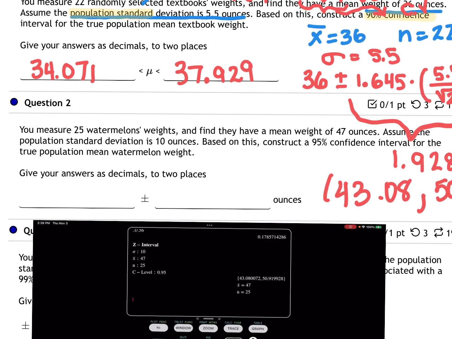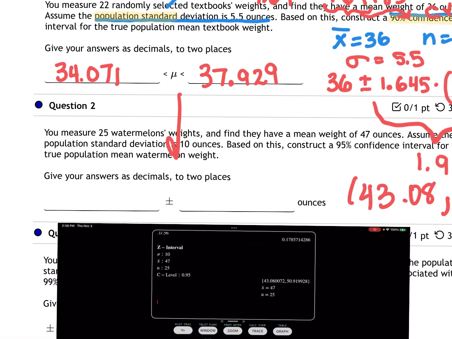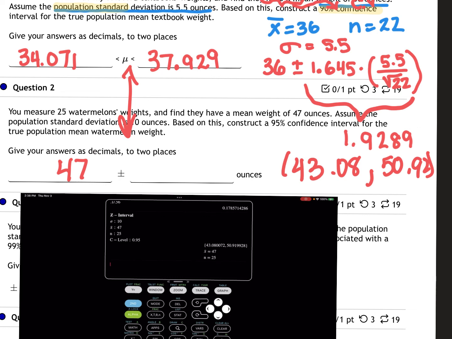But that's not actually what it's asking. Notice the difference between this problem and this problem right here. It's actually not asking what the interval endpoints are. It's asking for the point value, which we know was 47, plus or minus the margin of error. So to find the margin of error, if I subtract 47 from here, then I would have 3.92.